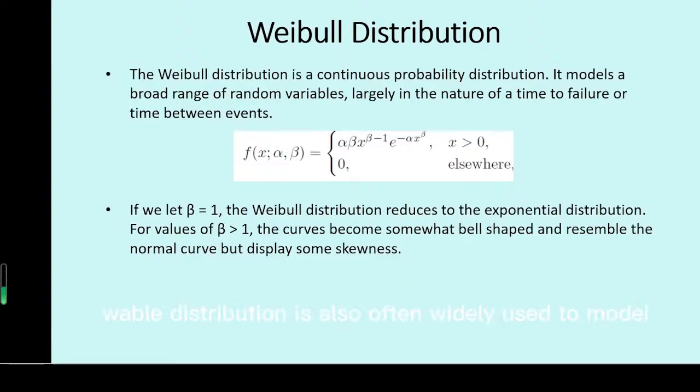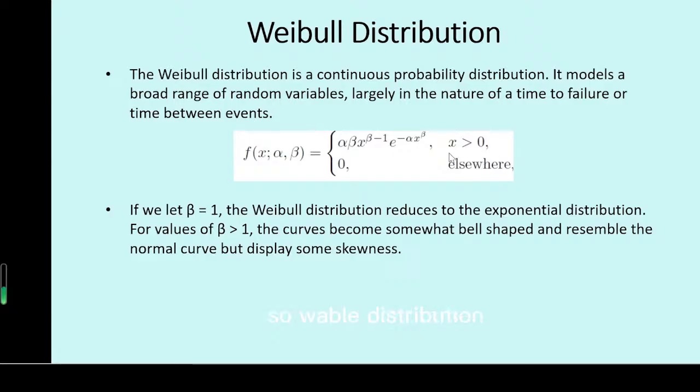The Weibull distribution is also widely used to model the random time to failure, lifetime, these kinds of events. And the Weibull distribution's density function is f(x; alpha, beta), with the two parameters alpha and beta, equals alpha beta x to the power of beta minus 1 times e to the power of minus alpha x to the power of beta, for variable x larger than 0.